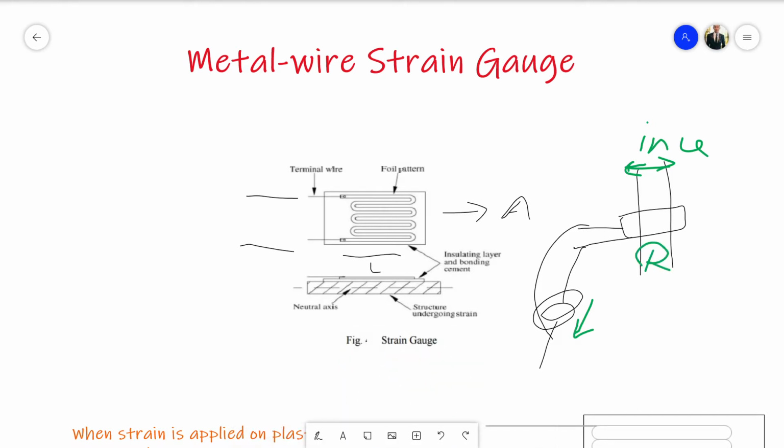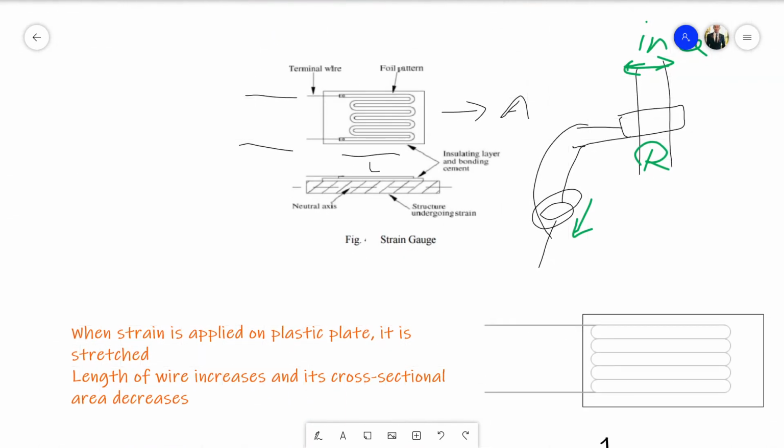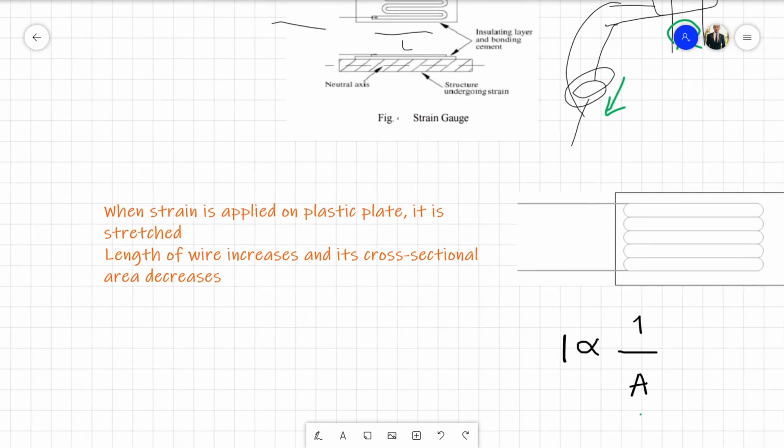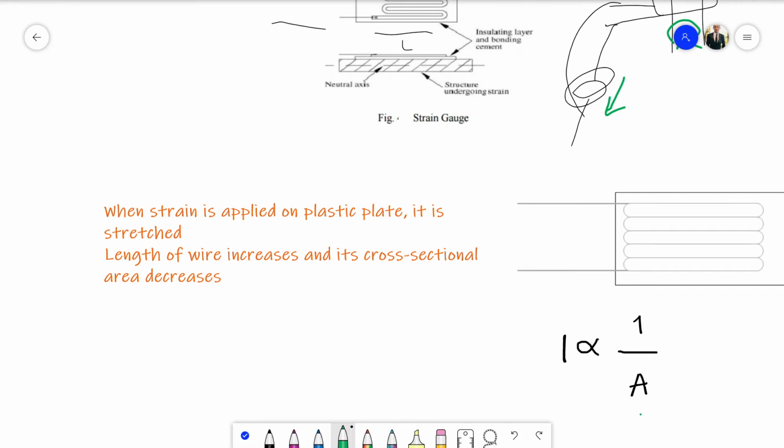Okay, so this is the actual diagram of a metal wire strain gauge. You don't have to draw it. When strain is applied on the plastic plate, it is stretched. Its length increases but its cross-sectional area decreases. The length of the wire increases and its cross-sectional area decreases.